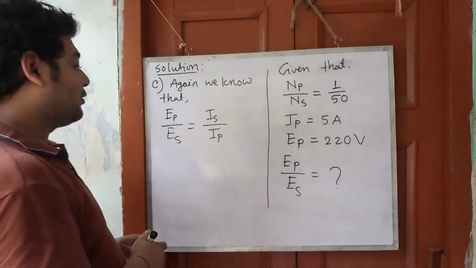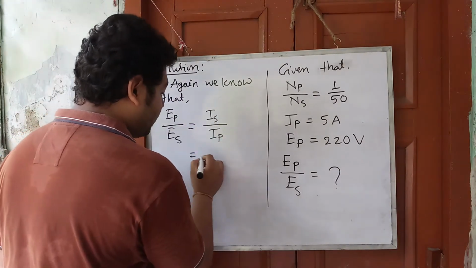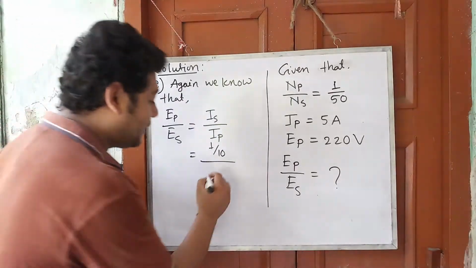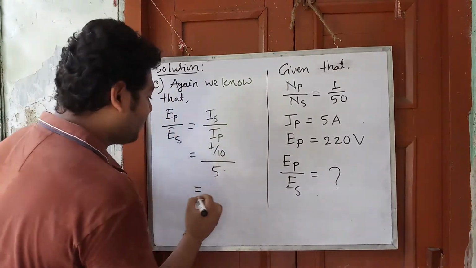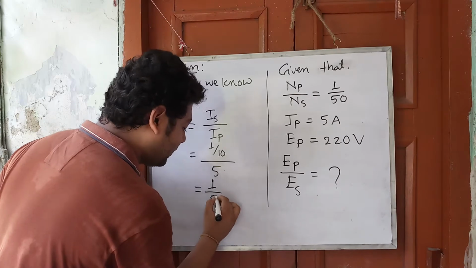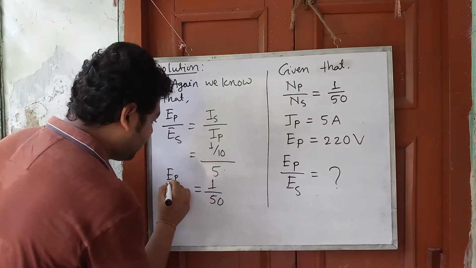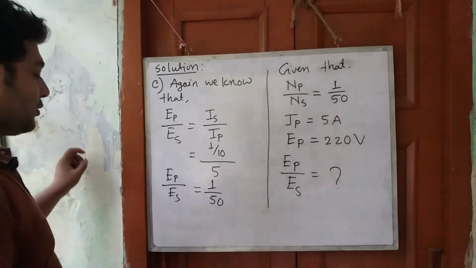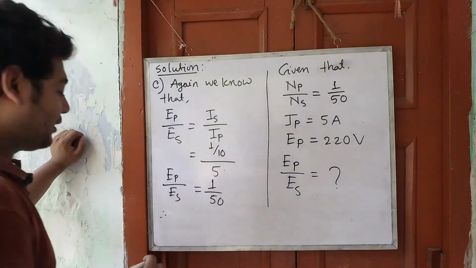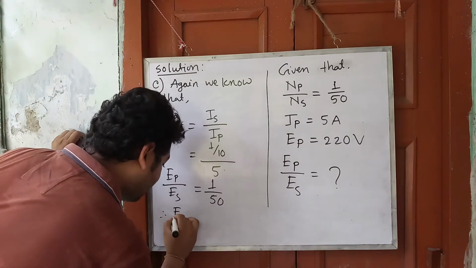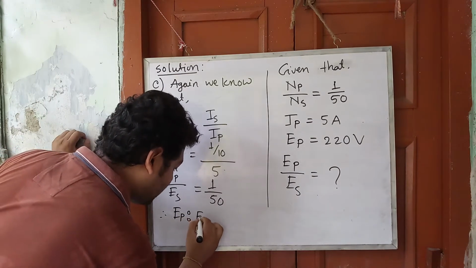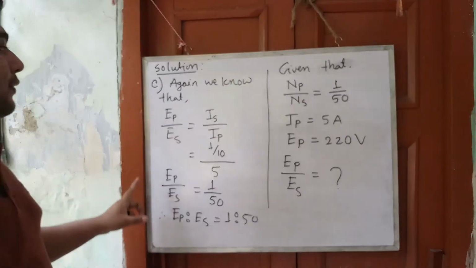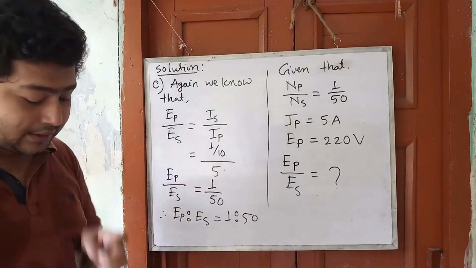So putting the value of IS and IP, IS is 1 by 10 and IP is 5. So calculating, we get 1 by 50. So EP by ES equal to 1 by 50. So we can write this as a ratio, EP is to ES equal to 1 is to 50. This is our answer for question number C.